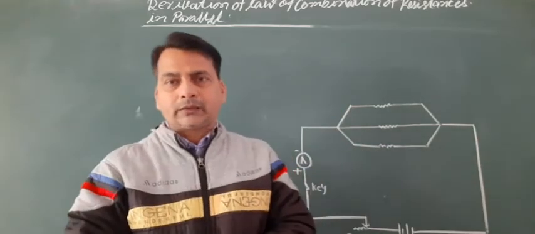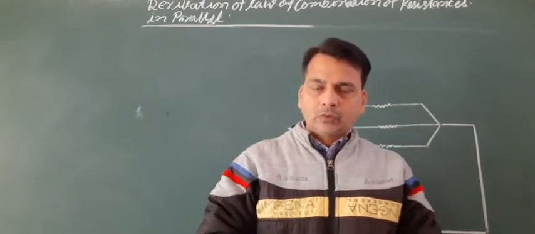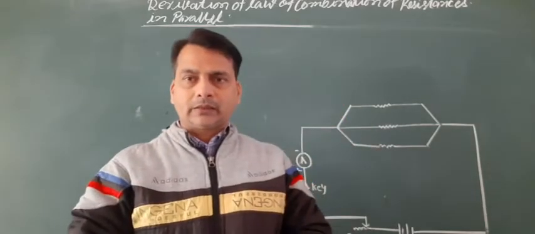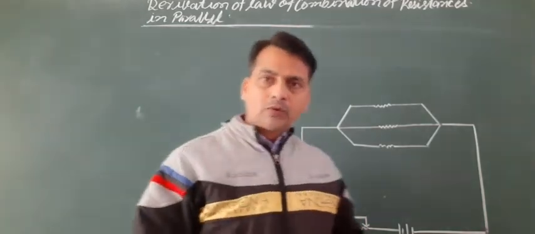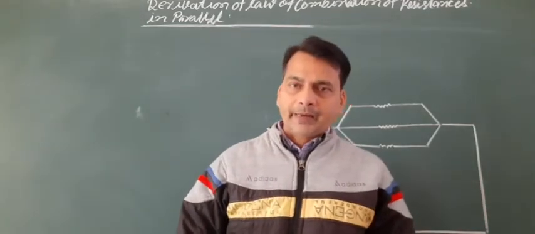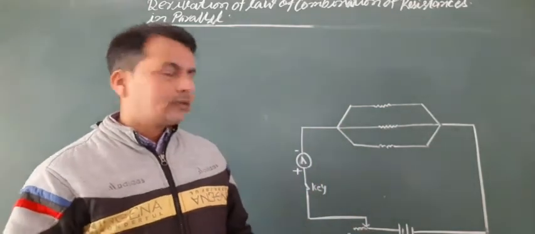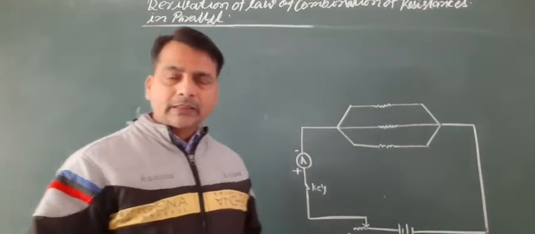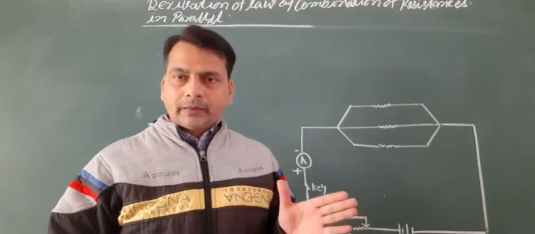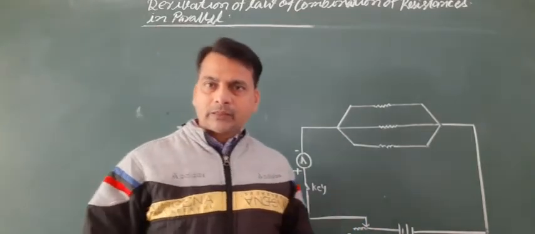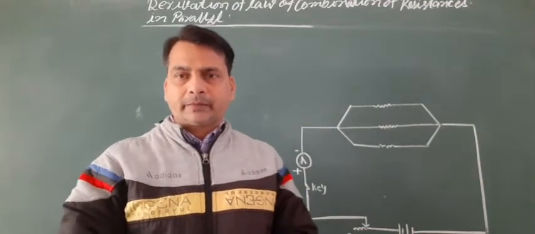As you know, if two or more resistances are used in a circuit and all the resistors are joined to a common point, that is a parallel combination, and the net current is distributed in each resistor differently.